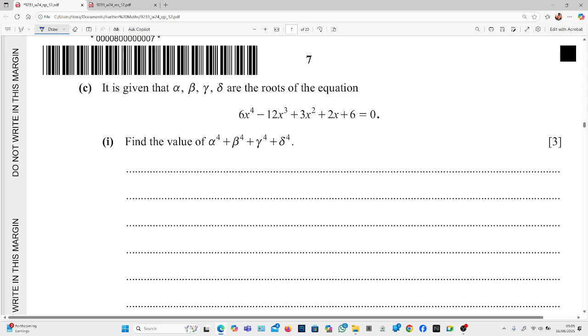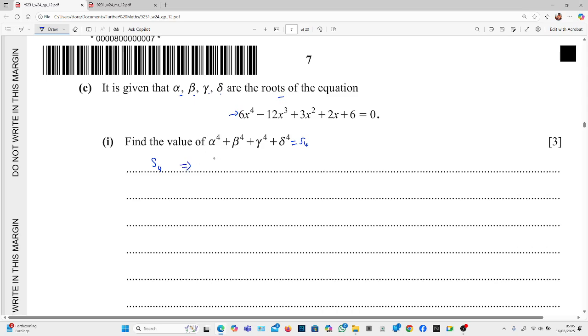Now for the third part of the question here, we've been given this equation here, and we're told that alpha, beta, gamma, delta are roots of that equation. So again, we're going to be using the recurrence formula, and so we have then S4. What is S4 in terms of this equation here?